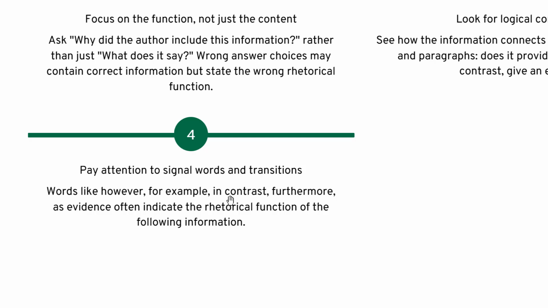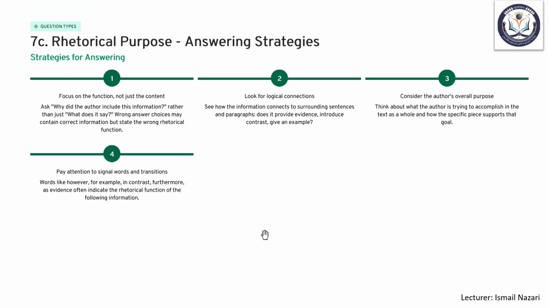If it is in contrast, again there would be a difference, a contrast relationship. If it is furthermore, the idea coming next would be an additional point to the previous idea, previous sentence. So transition signals and words can really help us find the connection. When we find the connection, we can easily guess the reason behind that piece of information, so they can help us find the rhetorical function as well.